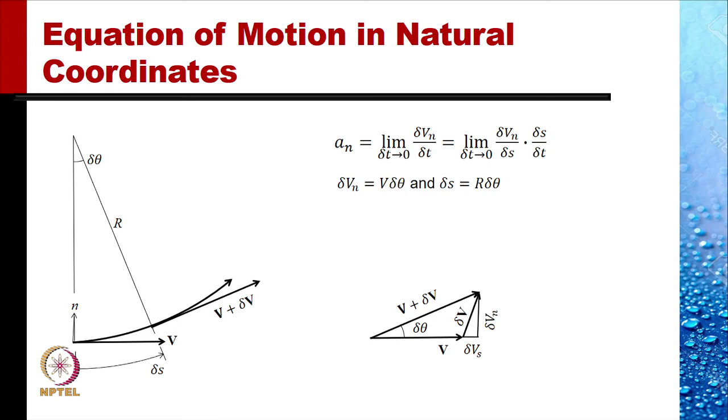With delta Vn equal to V delta theta and delta S equal to R delta theta, we get normal acceleration as V square by R. This is the centripetal acceleration that we have done in high school dynamics. So the acceleration in the normal direction is V square by R, the centripetal acceleration.